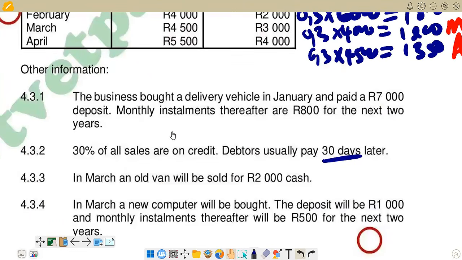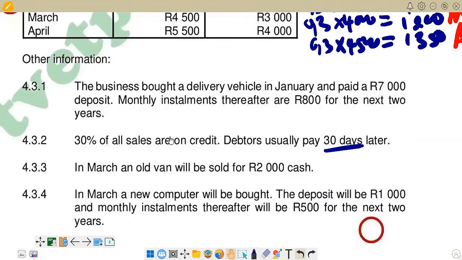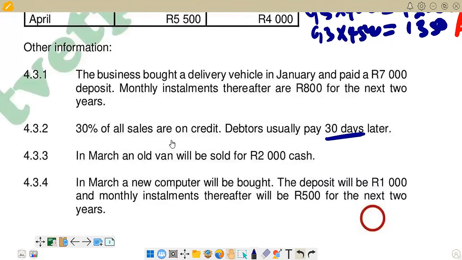We check 4.3.1, we check 4.3.2. Right, so we have 4.3.3 saying in March an old van will be sold for 2,000 cash. It means this is money that is going to be received, and it's going to be received in March. Very important. So we are going to enter it as a receipt for other income in March, 2,000.